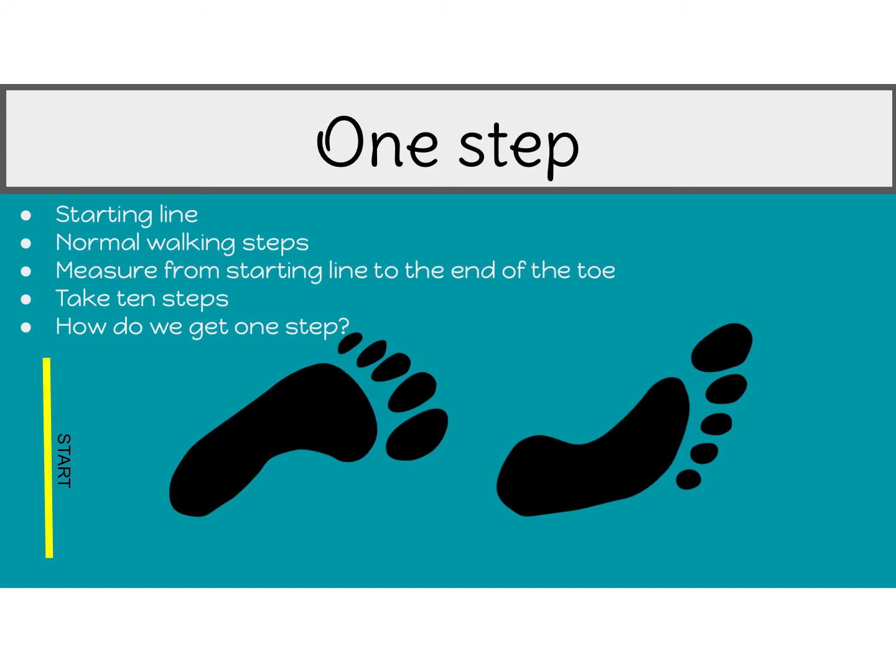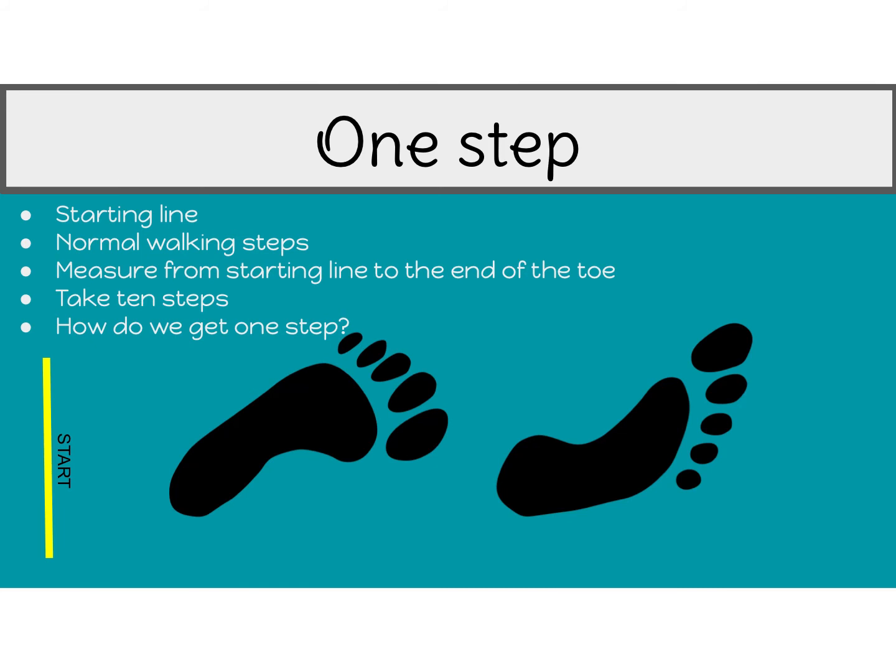So first of all, we're going to need to have a starting line. Wherever it is that you're going to perform this task today, you're going to need to create a start. So notice I have a start here with this yellow line. We're going to want to make sure that we are using normal walking steps. We're not trying to take big giant steps or teeny tiny ones.